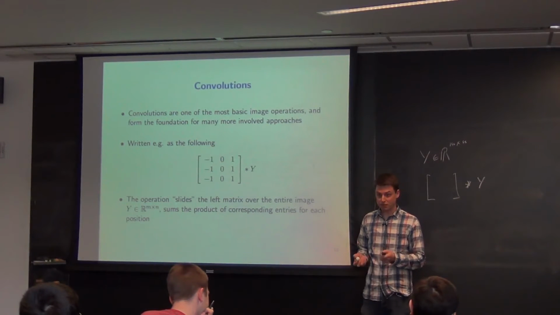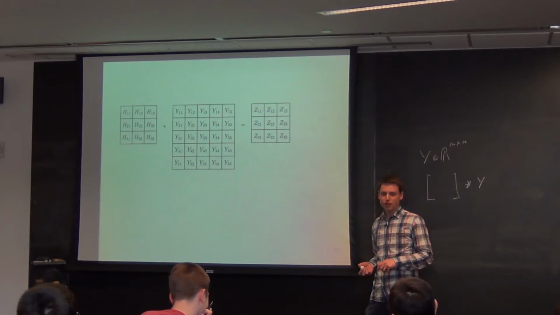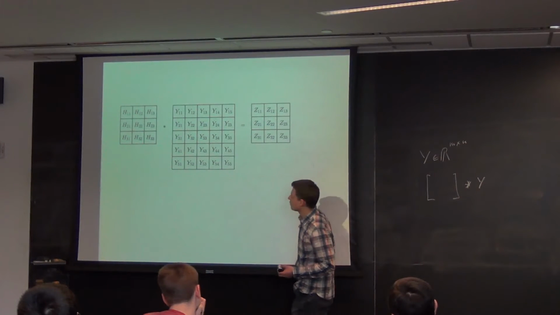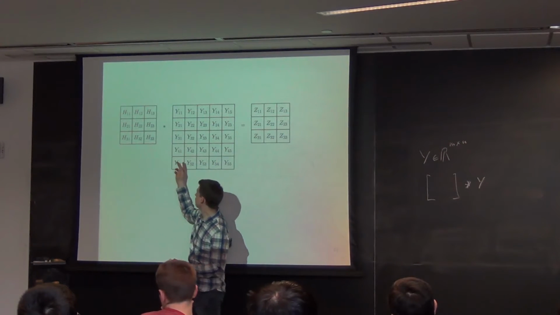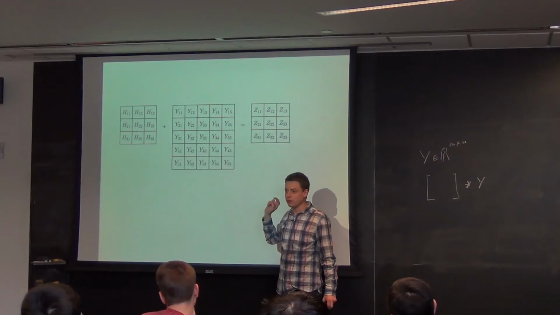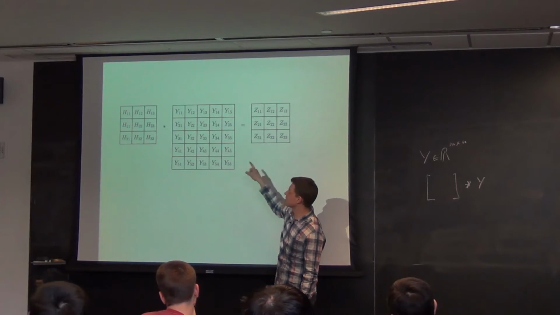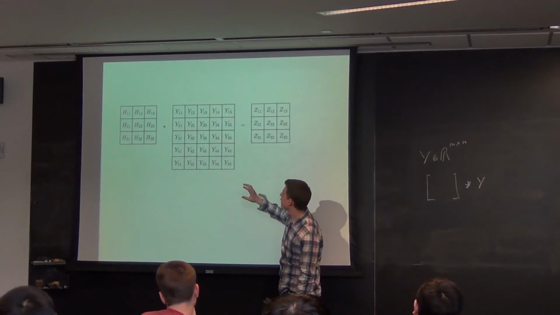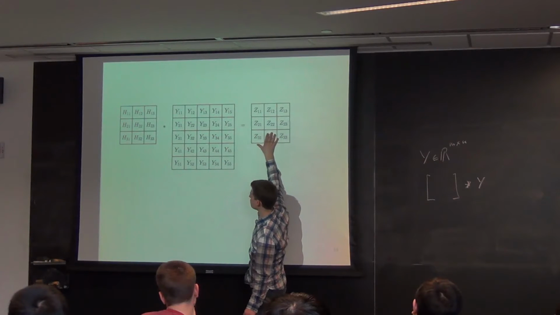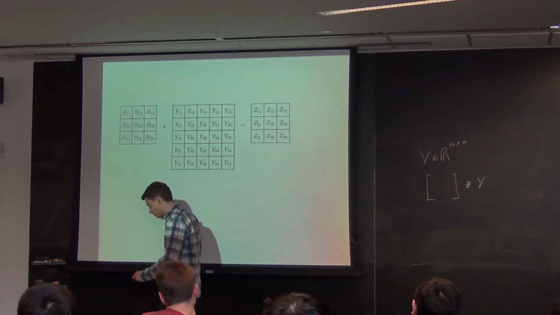Let me show you what I actually mean, because it's a little bit confusing. Here's an example of convolution. This matrix convolved with this one equals this one. Sizes here are important, and I'll talk about that in a second. Usually in actual computer vision you will see the final image being the same size as the original image, but I'll address that in a second.